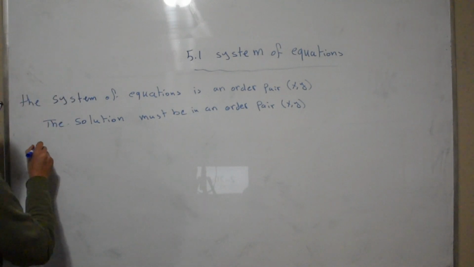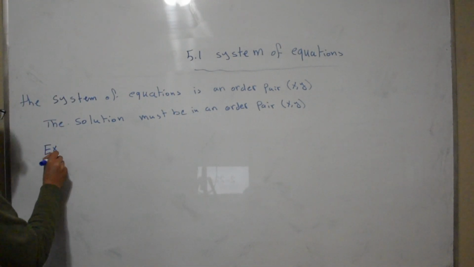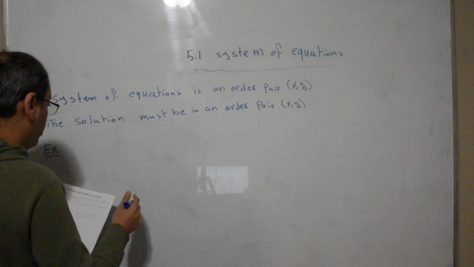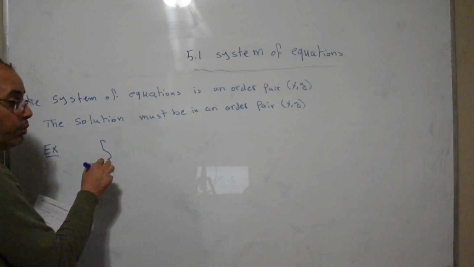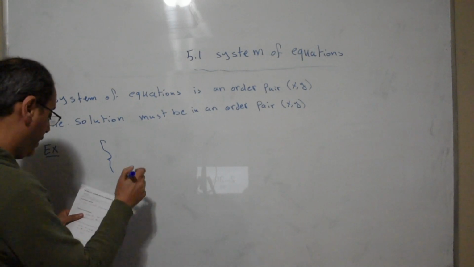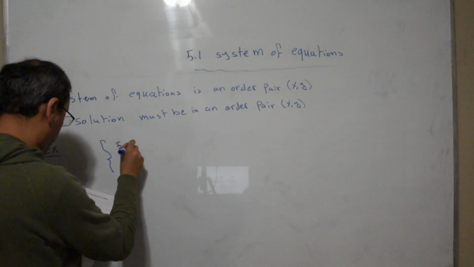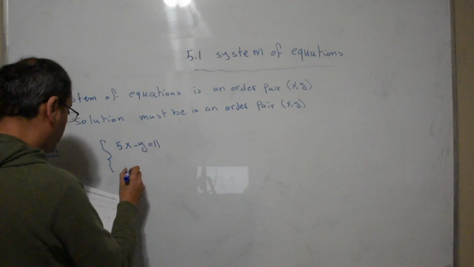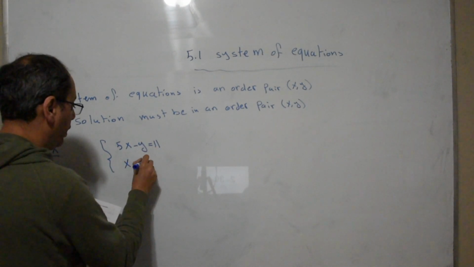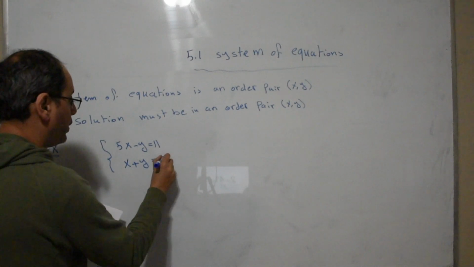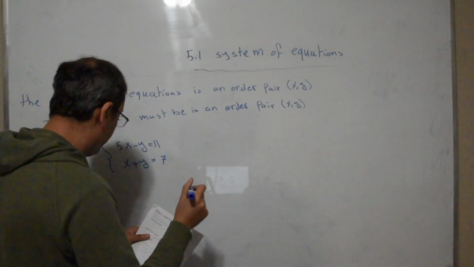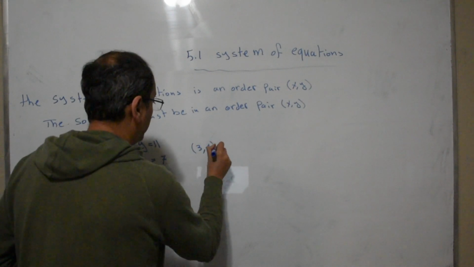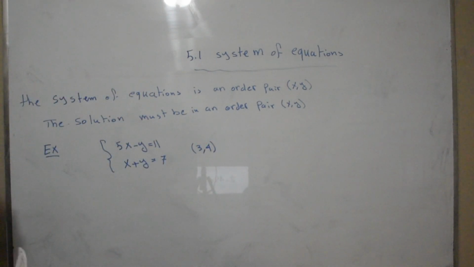Let's get an example. I have my system of equations, and I'm going to write the system of equations in this way. 5x minus y equals 11, and the other one is x plus y equals 7. I want to check whether 3 and 4 is a solution for this system.